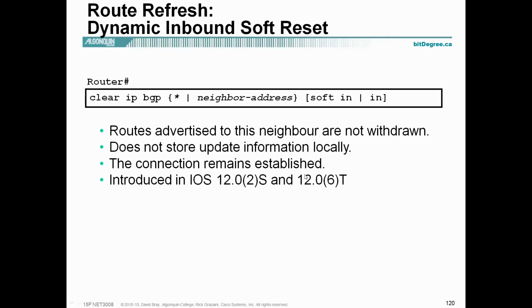Again, the connection remains established. Now, the word of warning on this is that the neighbor has to support this. This is why it's noted here. It was introduced in the later IOSs.